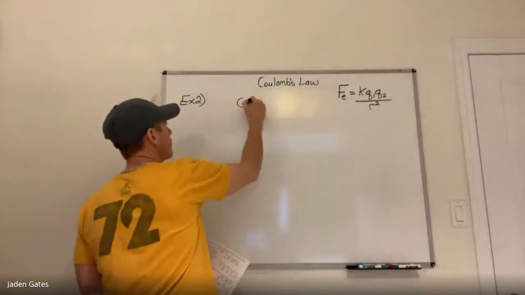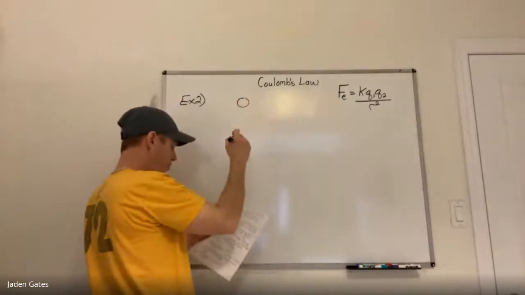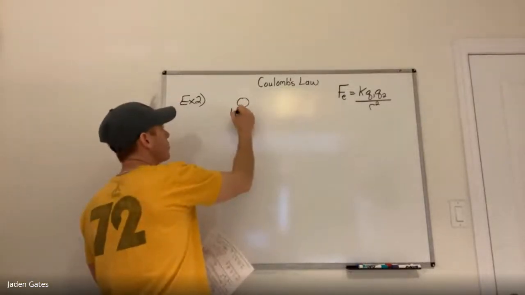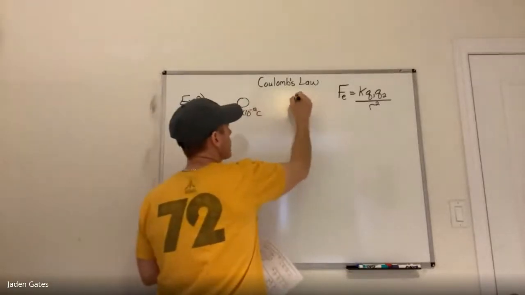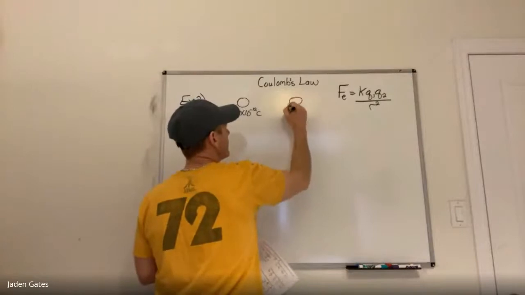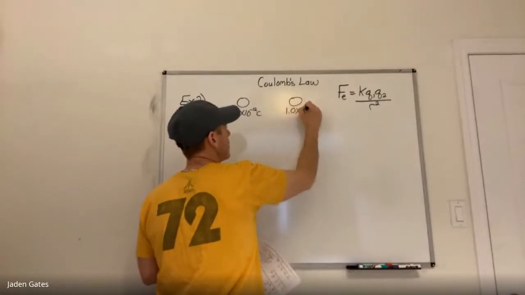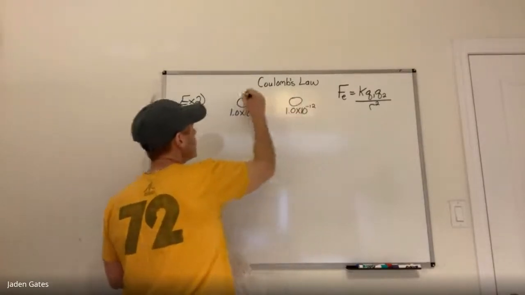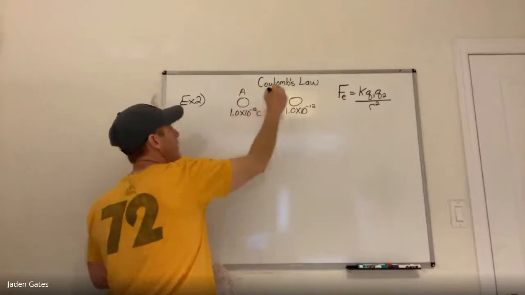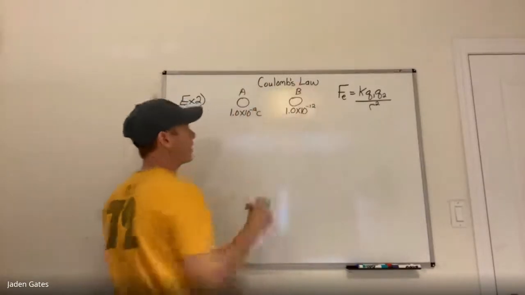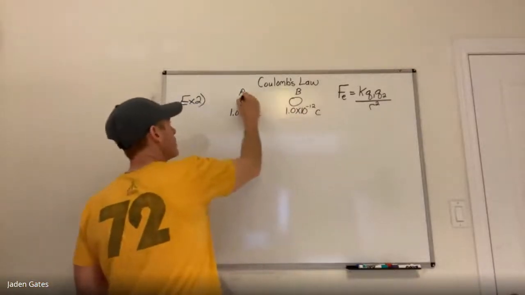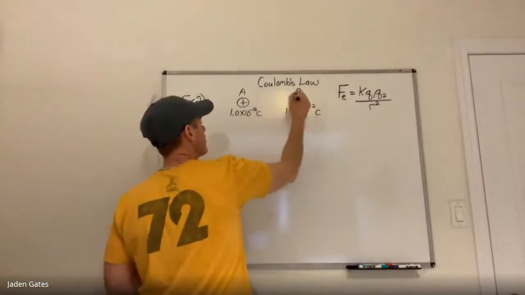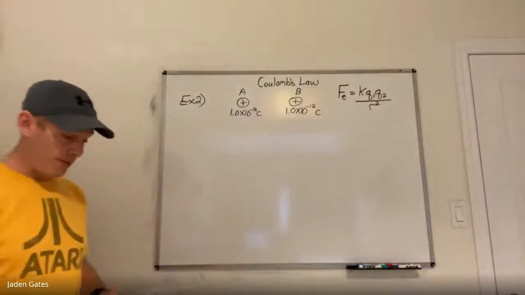We have a charge here, and it has a charge of 1.0 times 10 to the negative 12 coulombs. And so does this one over here. They are matching charges. Now I'm going to call this one A, and I'm going to call this charge B. Now they are both positive, because they have the same charge.